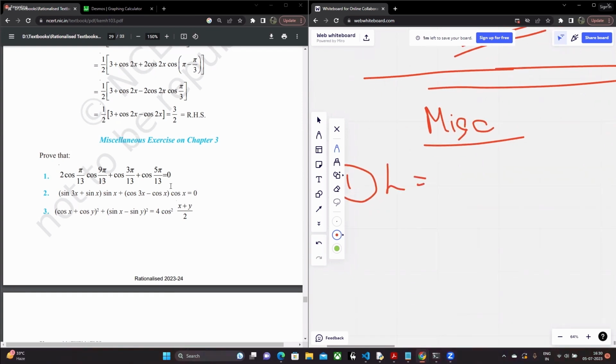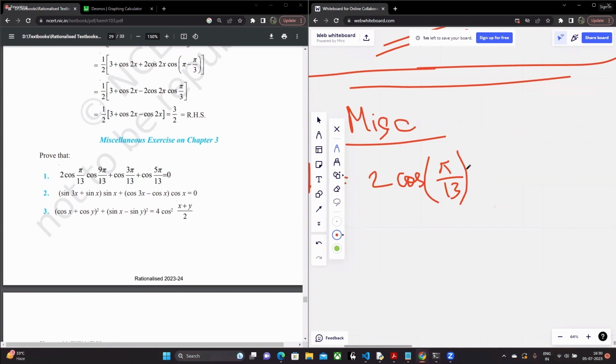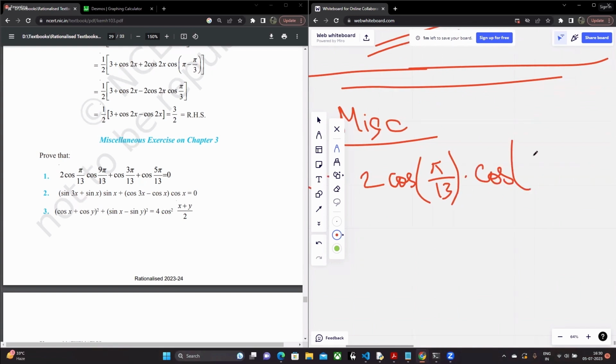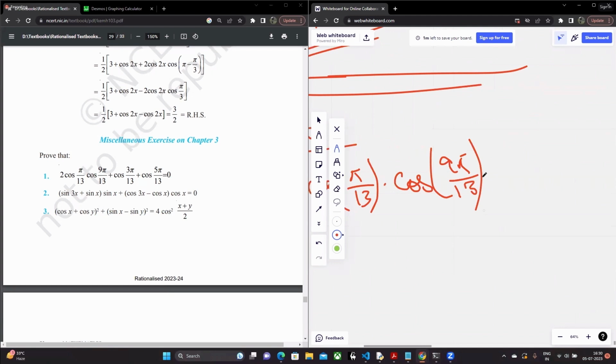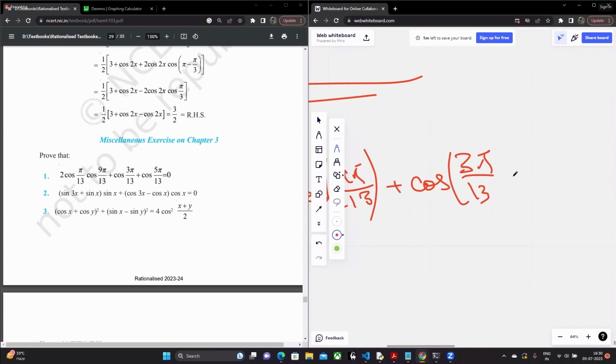Since the right hand side is 0, I'm just directly going to the left hand side. Left hand side states that 2 cos of pi by 13 into cos of 9 pi by 13 plus cos of 3 pi by 13 plus cos of 5 pi by 13.